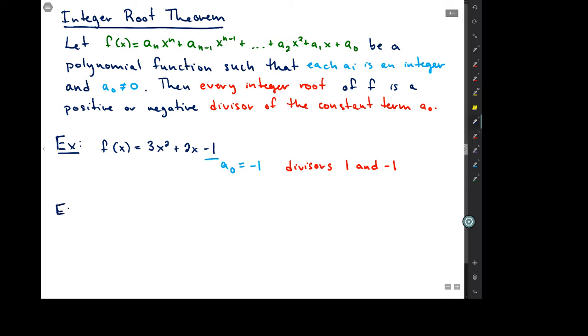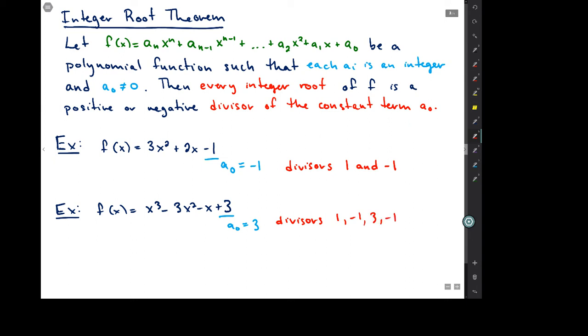If we look at the second example that we did, it was f of x equals x cubed minus 3x squared minus x plus 3. Here, the constant term is 3, and so the divisors are 1 and minus 1, and also 3 and minus 3.